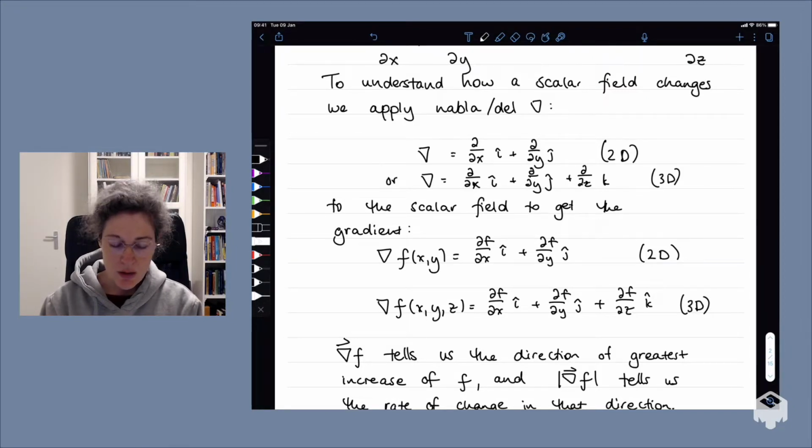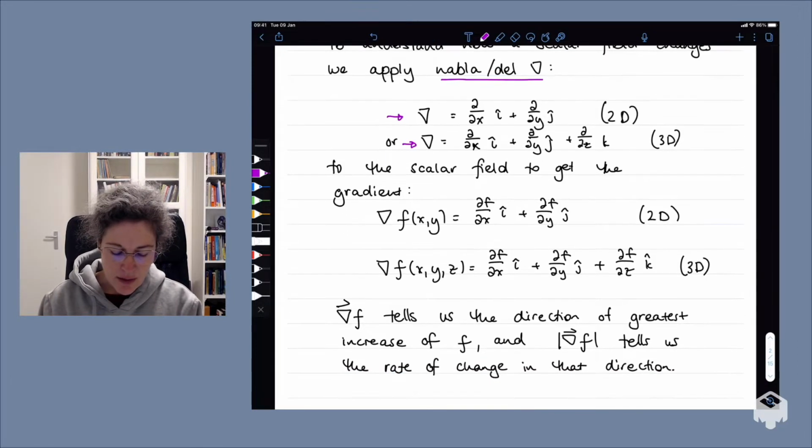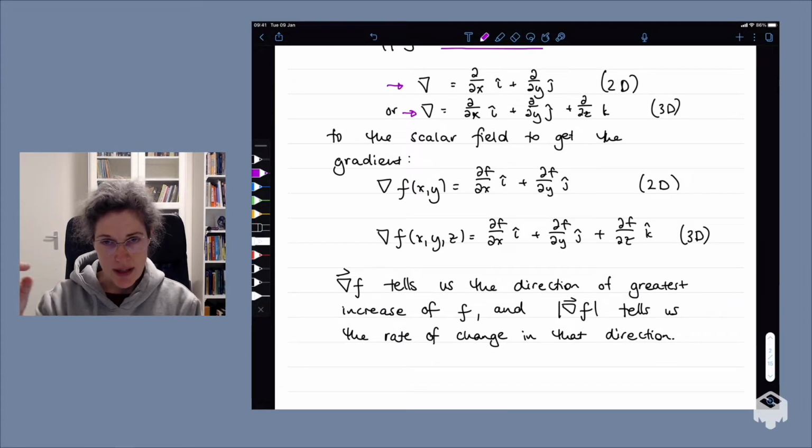So we introduced this idea of this thing nabla, or del, which in 2D looks like so, and in 3D looks like so. So this is really a vector. And then for our scalar field, we applied our nabla in order to get the gradient. So in 2D, we got this thing, and in 3D, we got this thing.